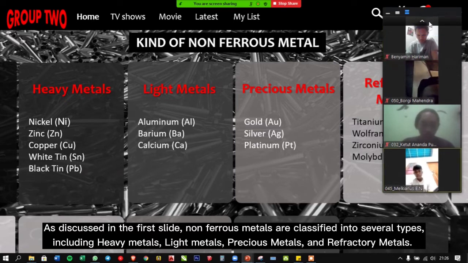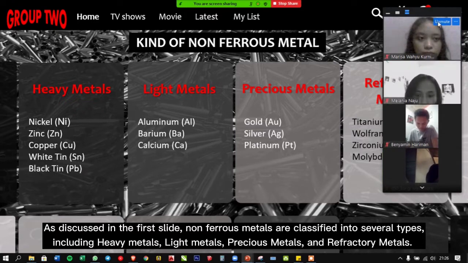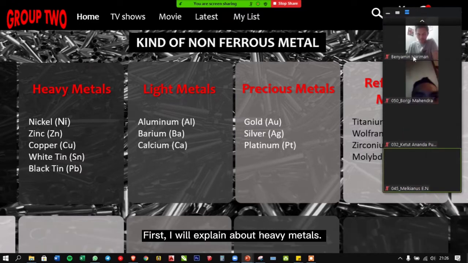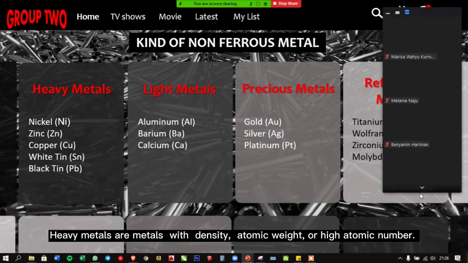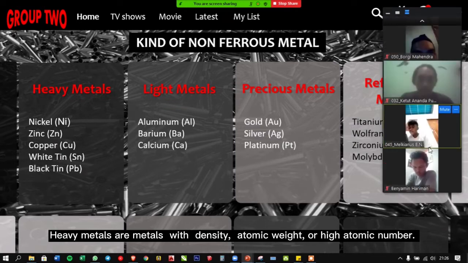Non-ferrous metals are classified into several types, including heavy metals, light metals, precious metals, and refractory metals. First, I will explain about heavy metals. Heavy metals are metals with high density, atomic weight, or high atomic number.